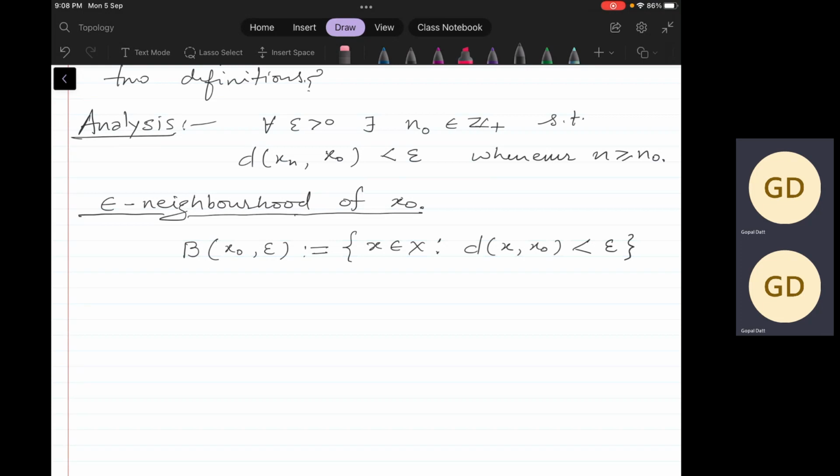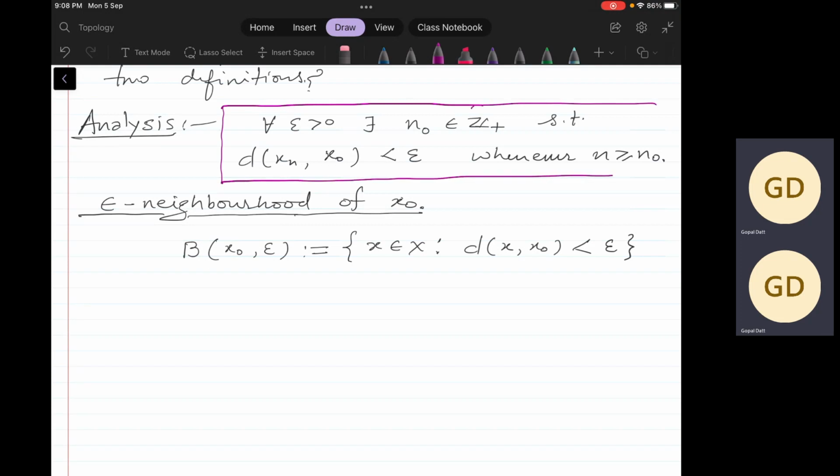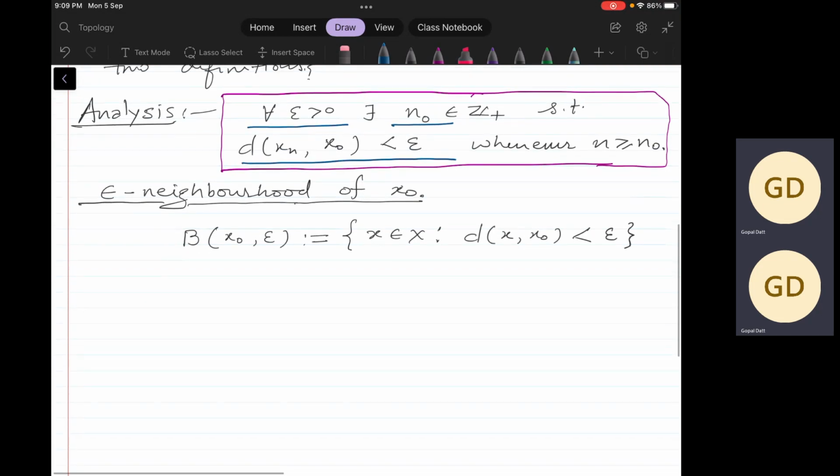What we observe from this definition is the following. We observe that for every epsilon there exists n naught such that this happens. Now, what does this mean?